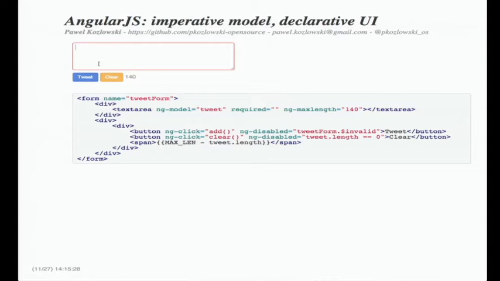But with AngularJS, it's the model that is the source of truth. And in our case, the only model that we need is really the text that we are entering here. And from this text that we are entering, we can derive the whole behavior of the UI.